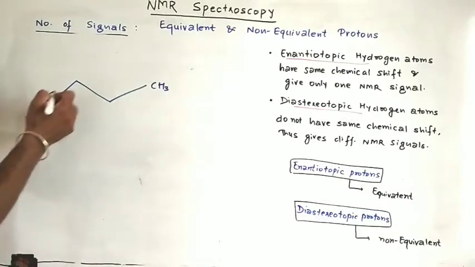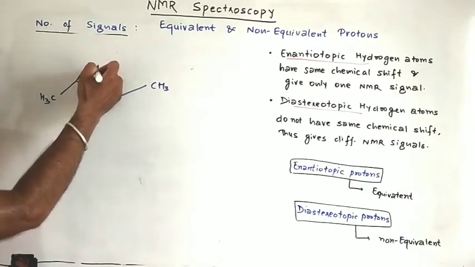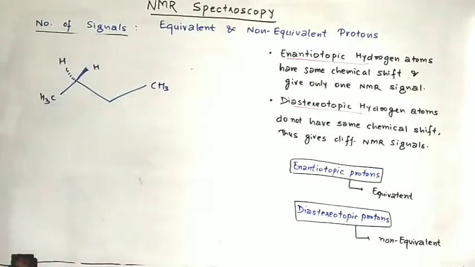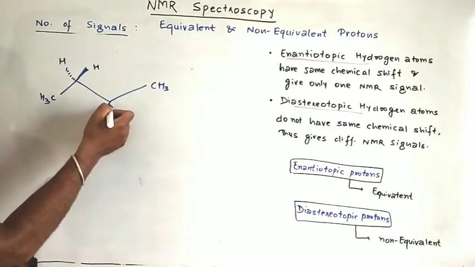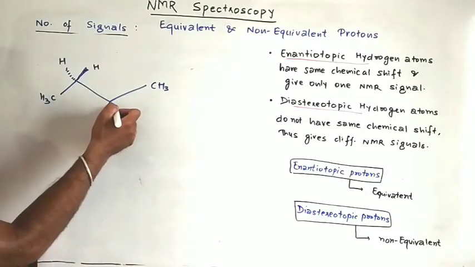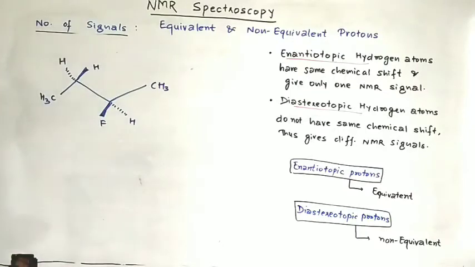At this carbon we have 2 hydrogen atoms, one above the plane, one below the plane. And on this carbon we have say one fluorine and one hydrogen. How many peaks will this compound give?